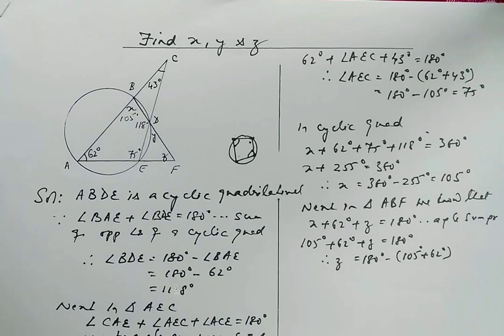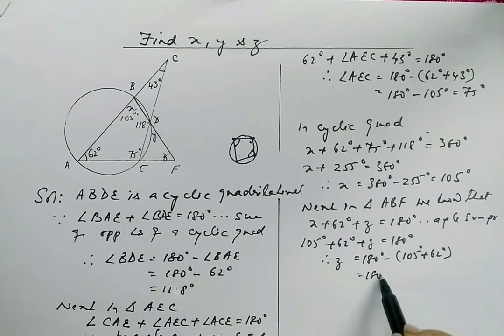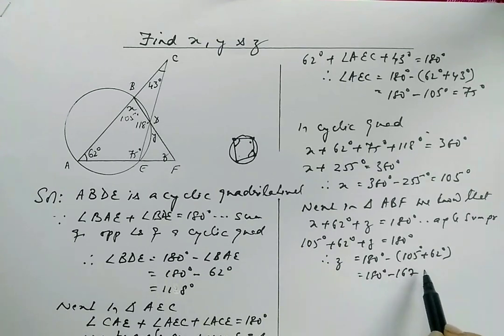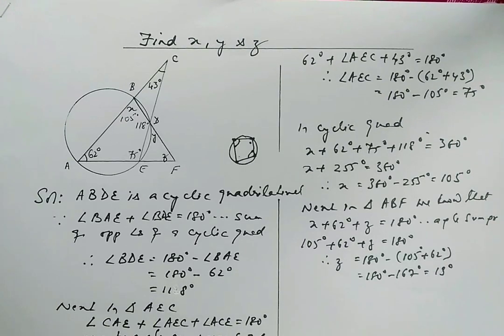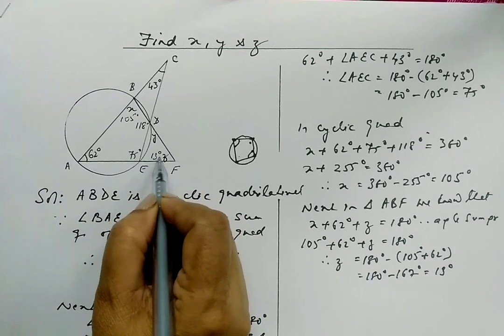Which means what? 62 plus 5 is 67, so 167. This is equal to 180 degrees minus 167 degrees. Therefore, this is equal to 13 degrees. So our Z is equal to 13 degrees.